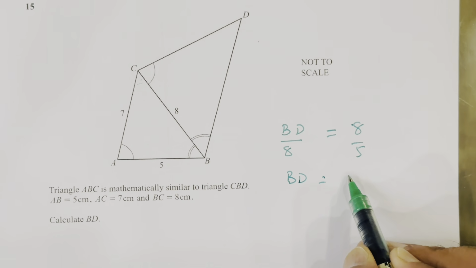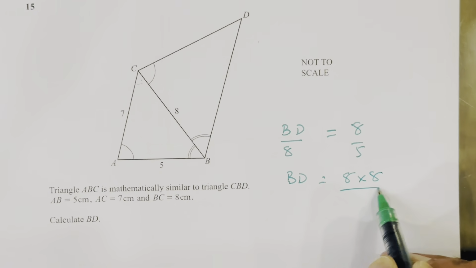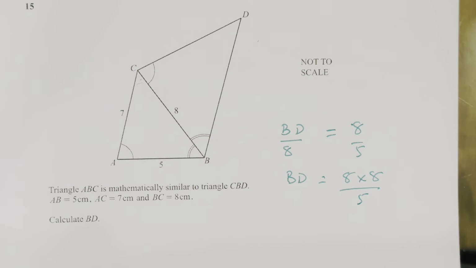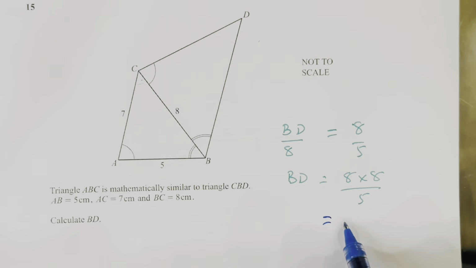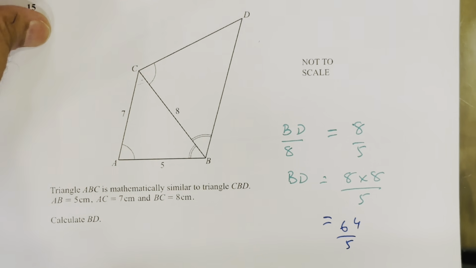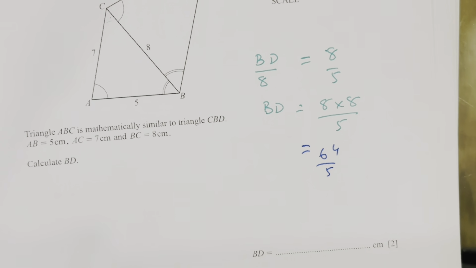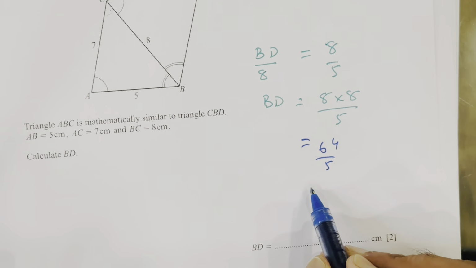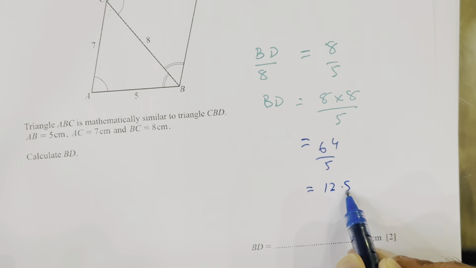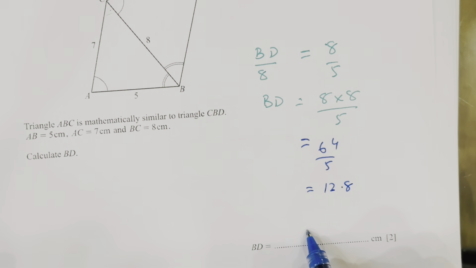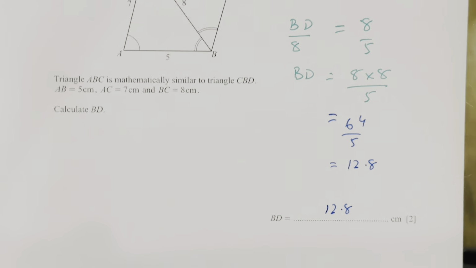So BD is equal to 8 into 8 over 5. It would be 64 by 5. So you can write 64 by 5 as well, or you can write into the improper fraction, or you can divide it to get 12.8 centimeters. So in both ways, answer would be acceptable.